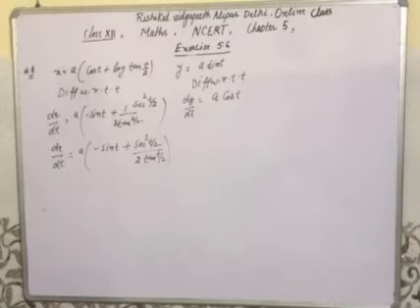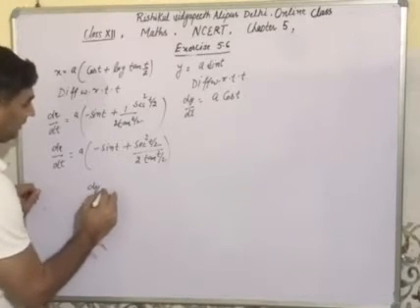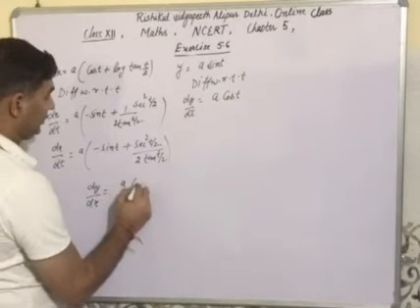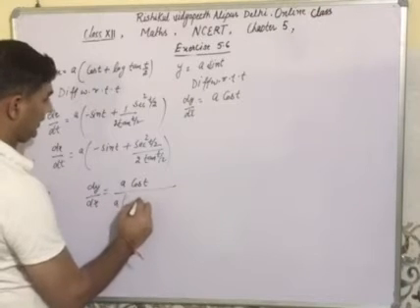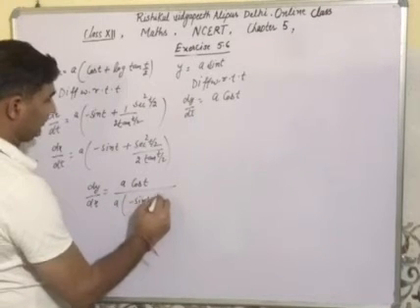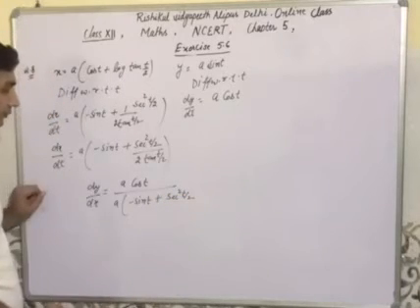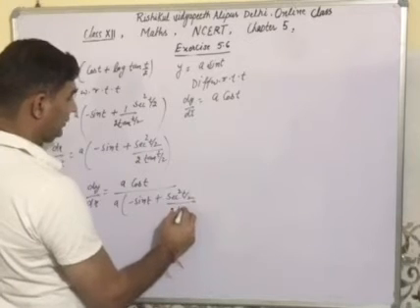Then dy by dx is equal to a cos t upon a minus sin t plus sec square t by 2 upon 2 tangent t by 2.